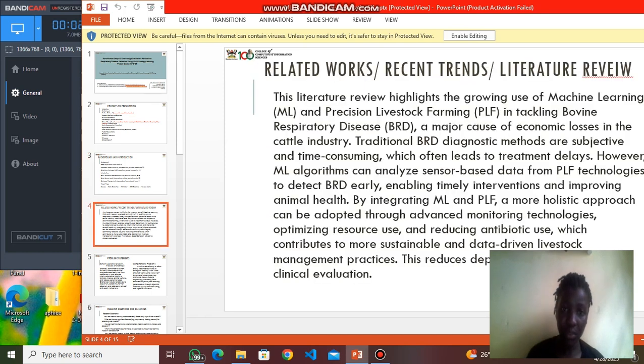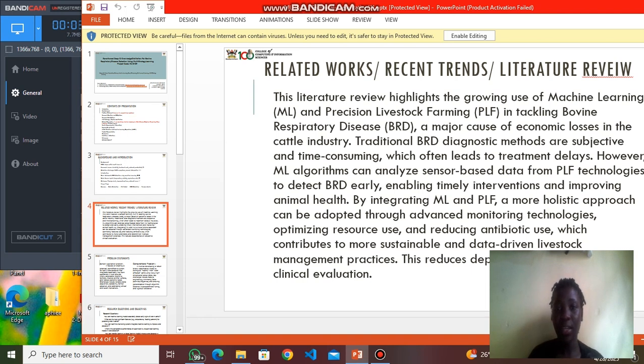So this is something on related works, recent trends, and the literature review. Here we are focusing on training our models to spot the BRD signs early, not just using static data, but by learning dynamically from the cattle behavior.